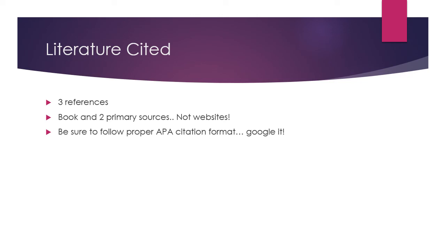A couple other points I want to make. I might encourage you to use the message board on Blackboard to peer review each other's papers. I'll let you do that on a volunteer basis if you want to, and pair up on there. But here's something really important.